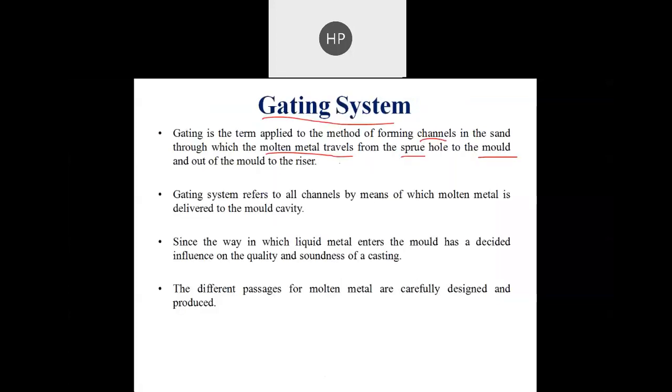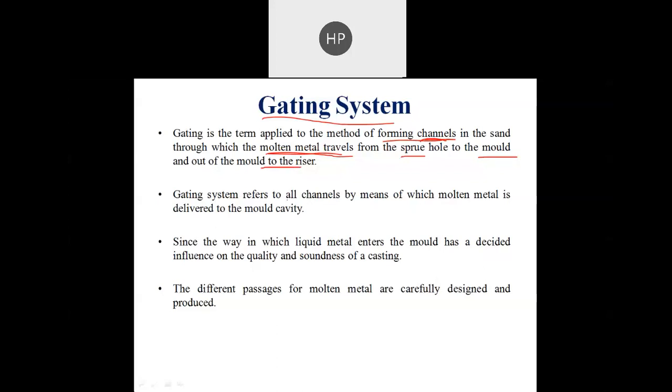This is the purpose of the gating system. It forms a channel in the sand through which the molten metal travels from the sprue hole to the mold, and at the same time it comes out from the riser.